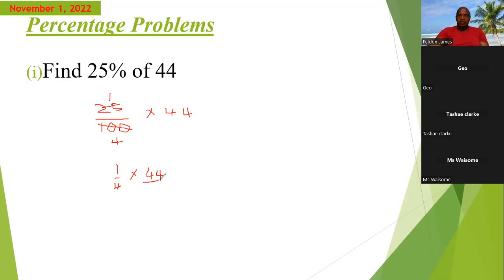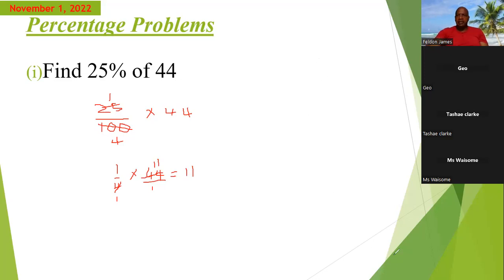And so we can just cancel it down. 4 into 4 is 1, and 4 into 44 goes 11 times. So what is the answer here, students? 11, sir.